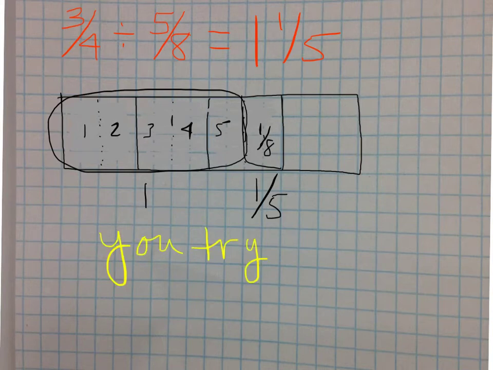Okay, I'm going to have you go ahead and see if you can make a model of 7/12 divided by 1/6. You're going to want to see how many groups of 1/6 you can make out of 7/12.